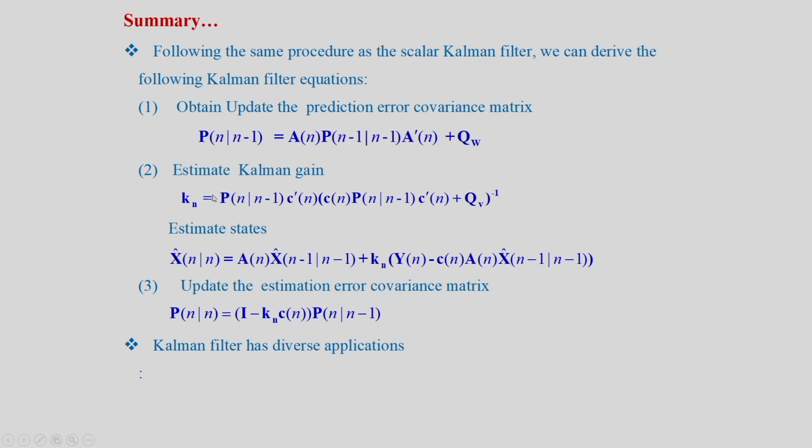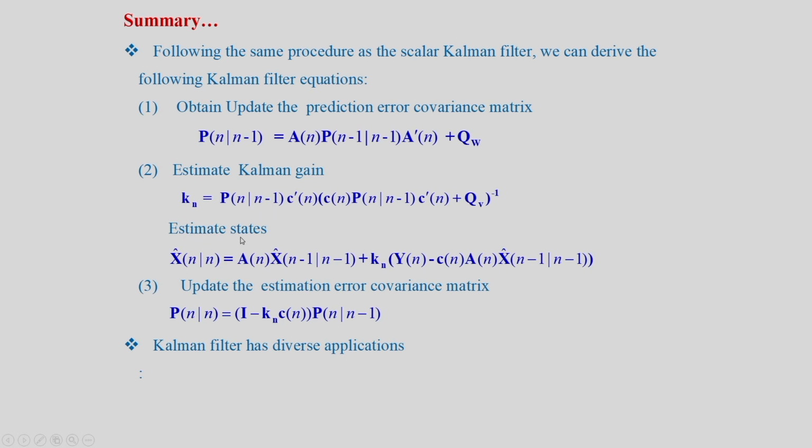Estimate the Kalman gain: Kn is equal to P of n given n minus 1 into Cn transpose into the inverse of Cn into P of n given n minus 1 into Cn transpose plus QV, where QV is the covariance matrix of the observation noise.